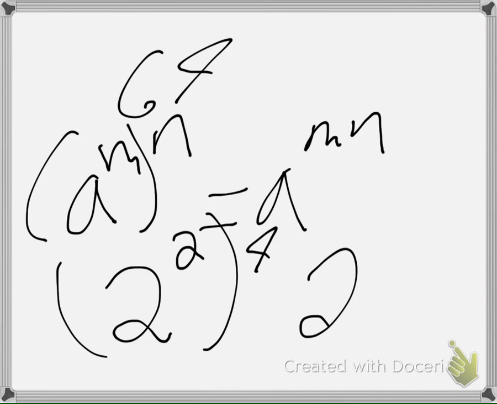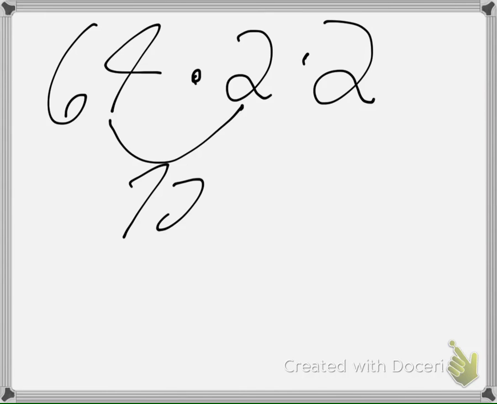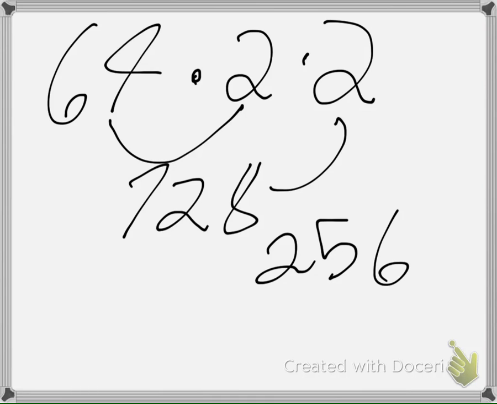And then we just have 2 to the power of 8. So then we have 64, which is 2 to the power of 6, and 2 more 2's. 64 times 2 is 128, and then 256.